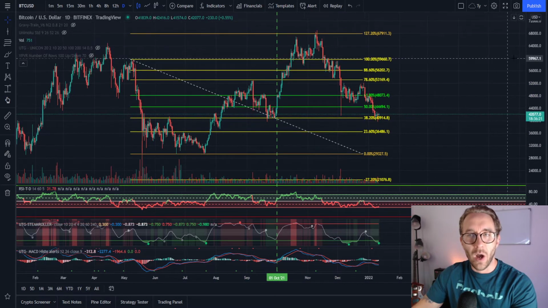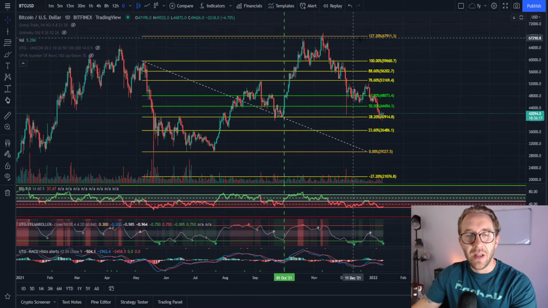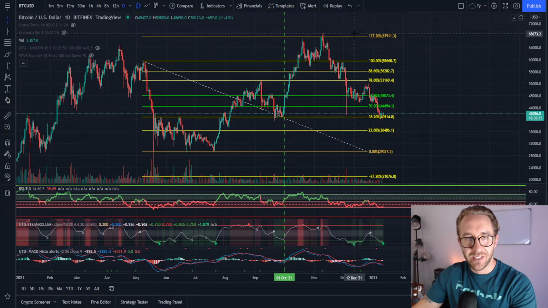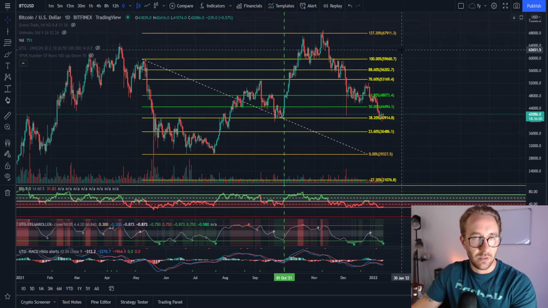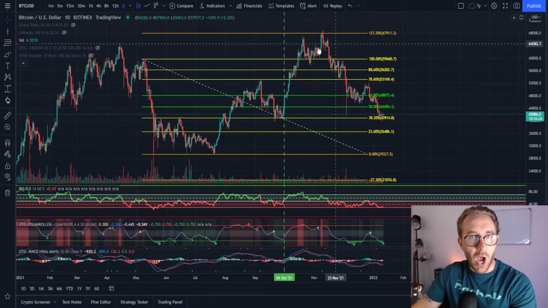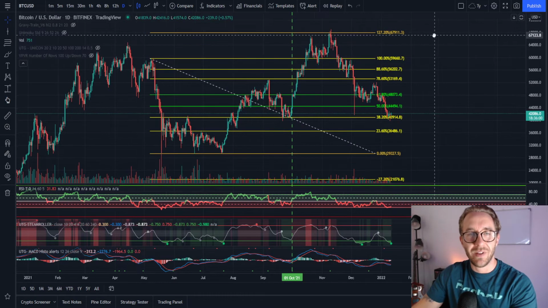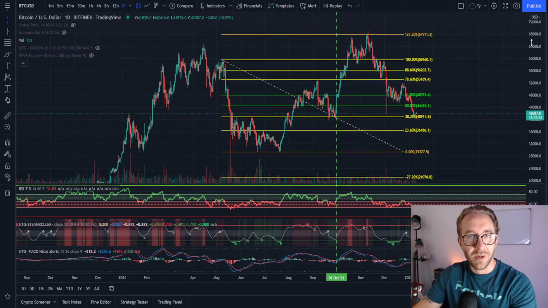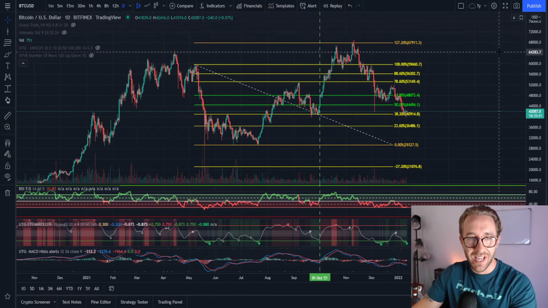So when we have levels that are broken above our previous high, this 127 extension often signifies a pretty significant level more times than not, in my experience, where we have pulled back. So let me repeat that. I have found more often than not, when price hits the 127 extension, price pulls back from there. I would say 7 to 8 times out of 10.